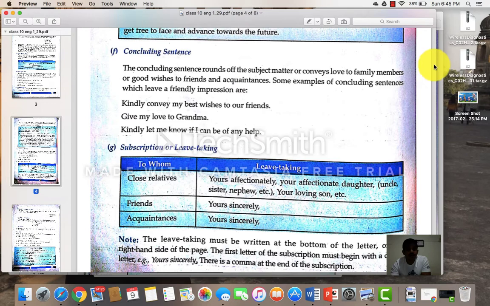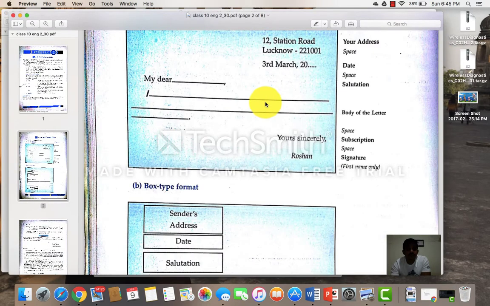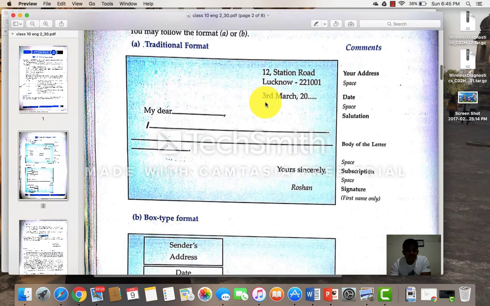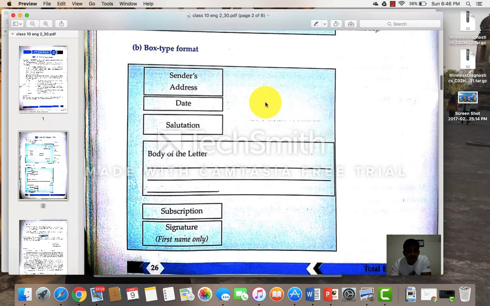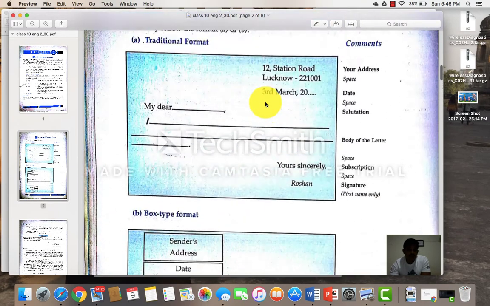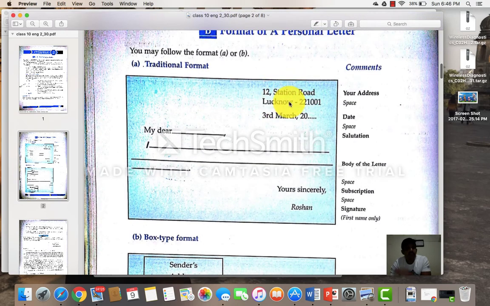So again, just reviewing it, there are two types of letters: traditional format letter and box type letter. We write the address, no name, has to be a minimum of 2 lines, and must contain the number, building name, road, street, the city, and the pin code, and the date has to be written this way.